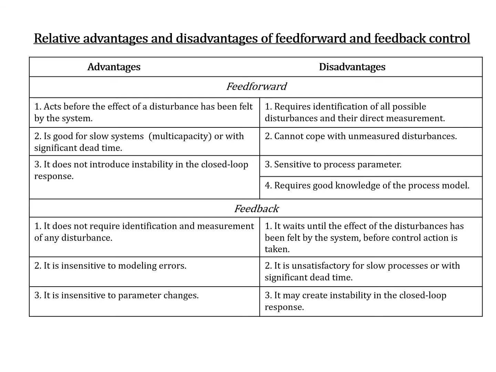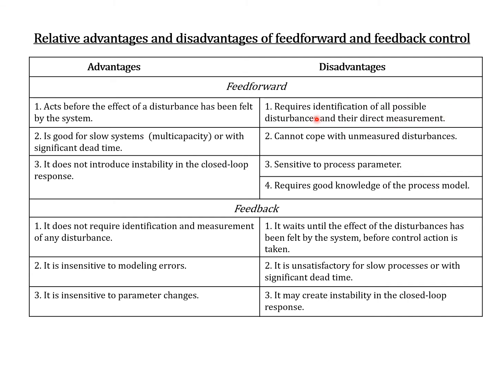And finally, in terms of the advantages of feedforward and feedback controllers, we've seen before for the feedforward controller, the advantage is that it acts before the effect of disturbance has been felt. This is the most important advantage. It's good for slow systems or with significant dead time. It does not introduce instability, because there's no feedback. However, it requires identification of all possible disturbances and their direct measurement.